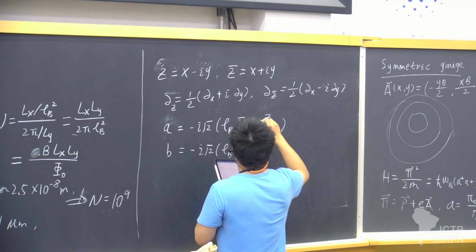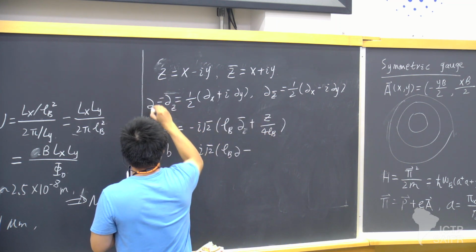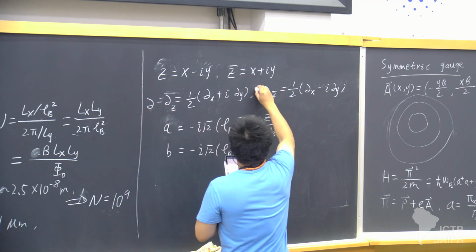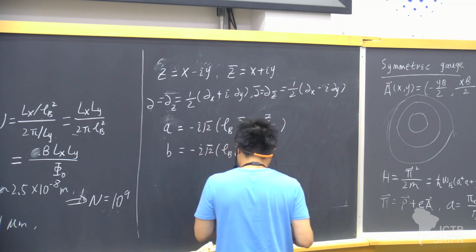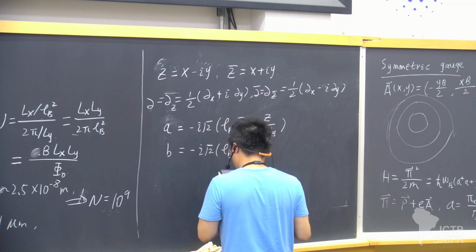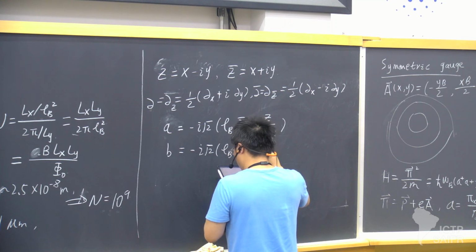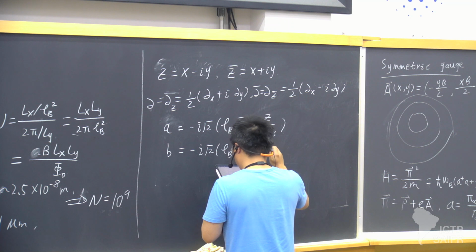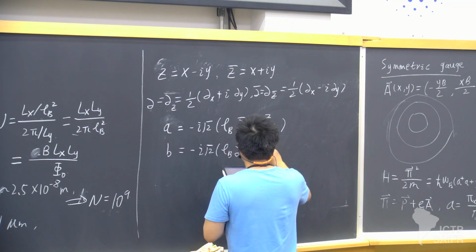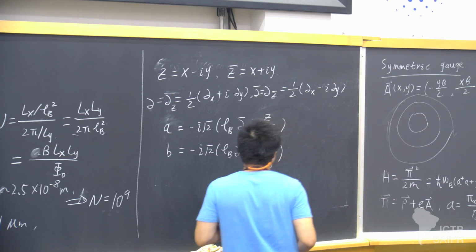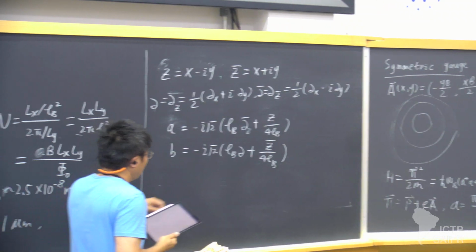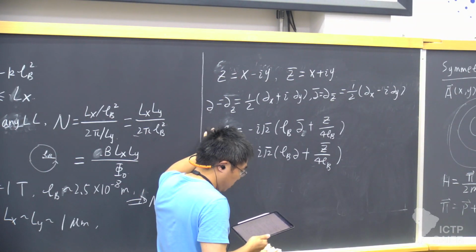I should say that I'm using partial as partial z, and partial bar is partial z bar. That's how you can write down the operators, right?